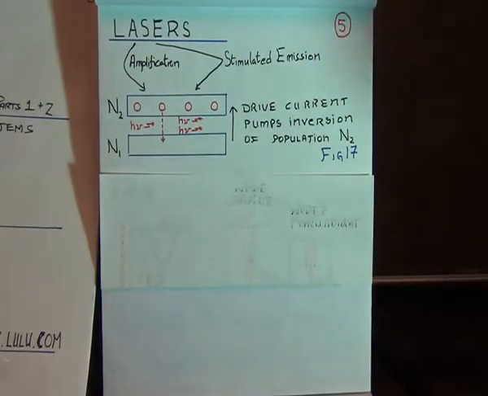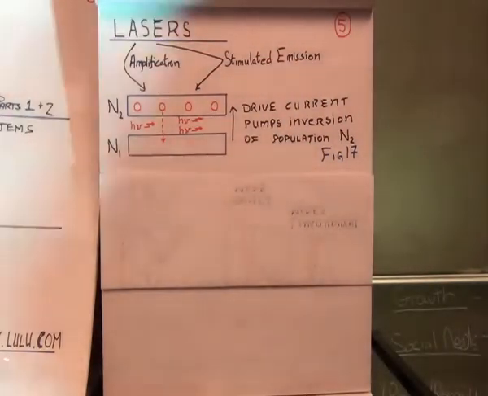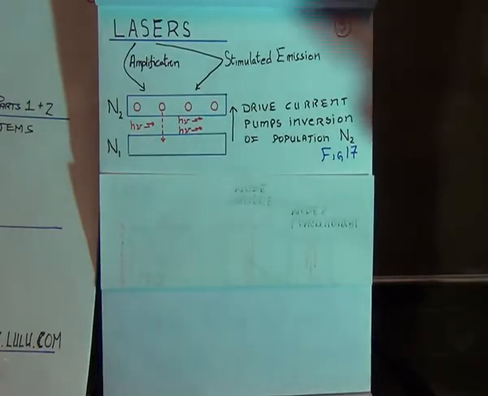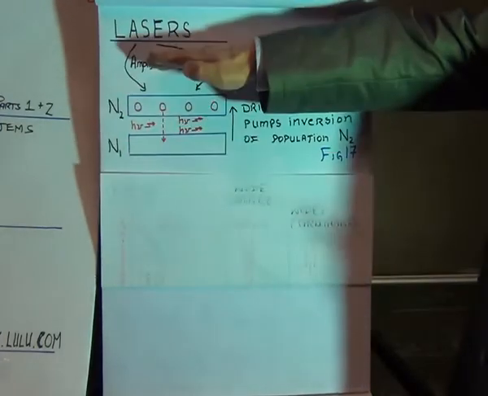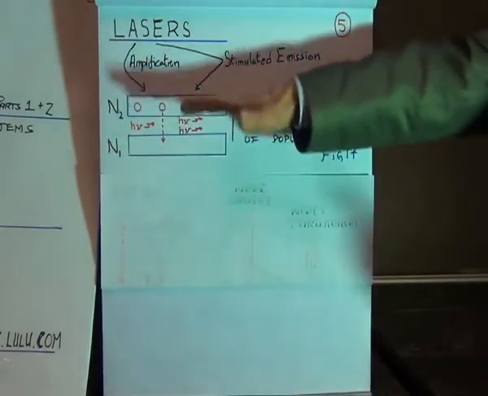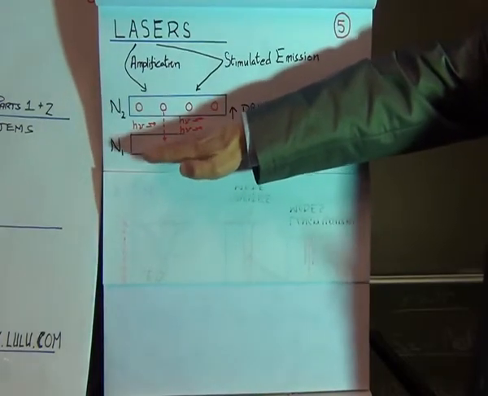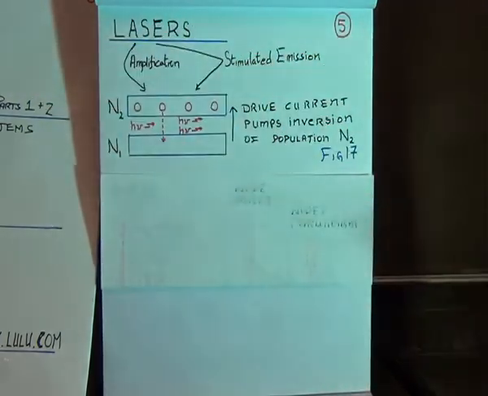We had to pump the system. When the students were doing the alloy map, I said you could use flash photolysis. That was one way of pumping the upper state. So by a bright flash of light, the light is absorbed, the electrons end up in the upper state, and you invert the population.